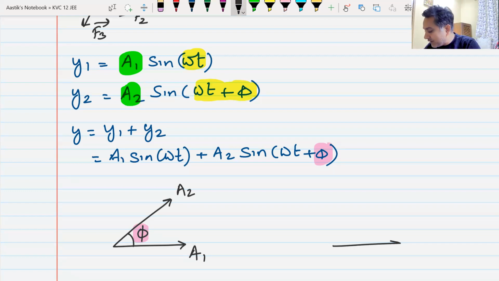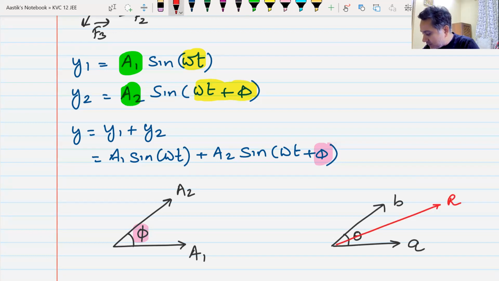Now it looks like two vectors, one vector A and one vector B. Both the vectors are inclined at an angle theta. If you remember the formula, we can find out the resultant of these vectors R, which will be inclined at an angle, let us say xi. I'm not using phi because I'm using phi here.